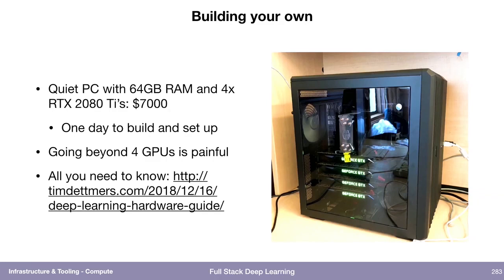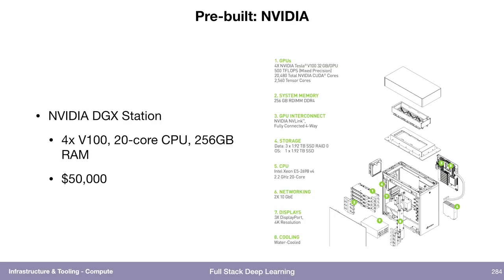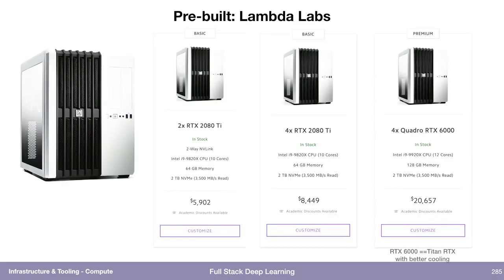Tim Dettmers is a PhD student at UW. He's the GPU guru, so his blog posts are great resources about this. But you should probably buy pre-built because, unless you're a solo practitioner, a company's not going to want its employees building machines. Nvidia is the Cadillac of GPU machines. It's very expensive. Since it's their policy that you're only supposed to use server cards for deep learning, they will only sell you server cards in their machines, which are just very expensive. The V100.